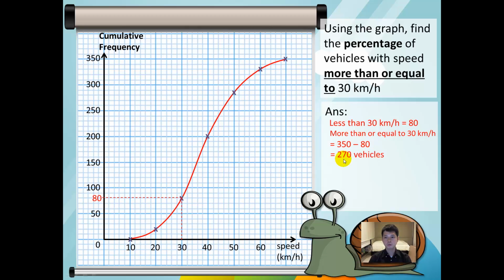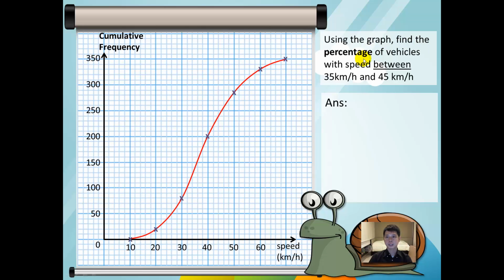And hence we have 270 vehicles with speed more than or equals to 30 km per hour. To find the percentage, we'll use 270 over the total multiplied by 100%, which is equals to 77.1%. Now, how do we get these two values here? The total here is found from the last cumulative frequency value from the curve, which is 350.